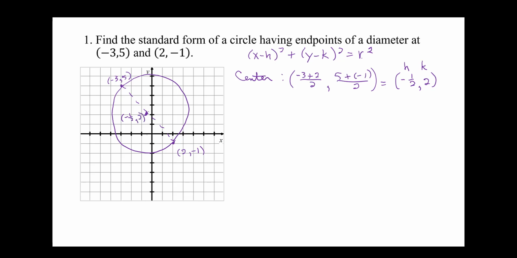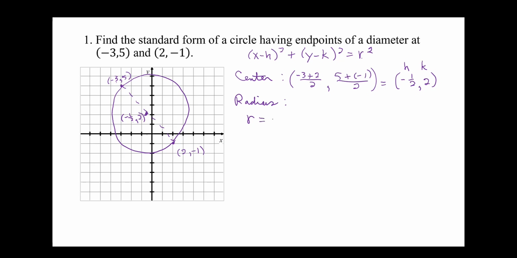Okay, next, to find the radius, if we can find the distance from the center to either endpoint of a diameter, I have the radius. So to find the radius, let's just take the distance from, let's say, the point (-3, 5) to the point (-1/2, 2).